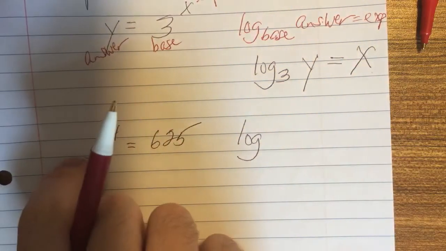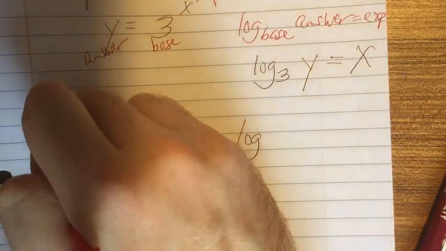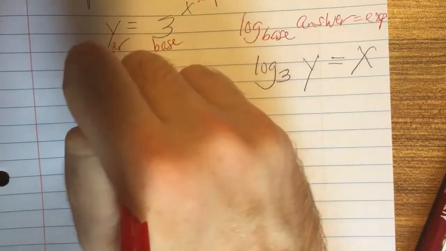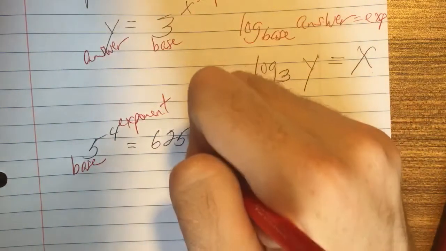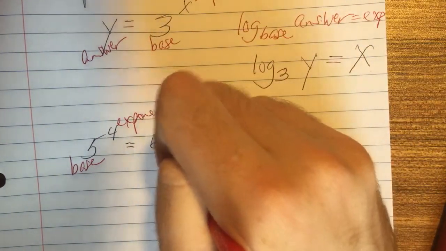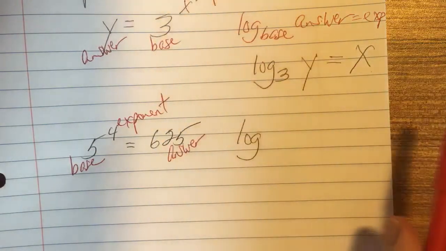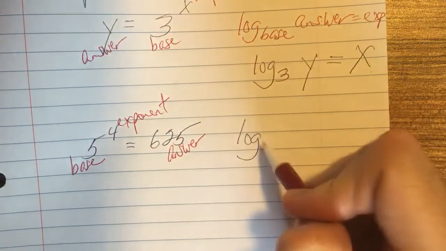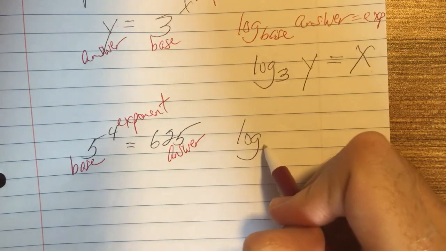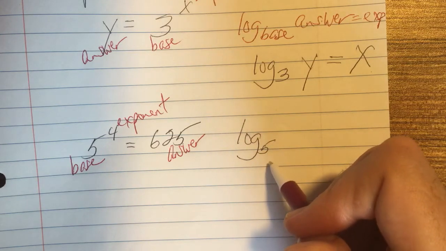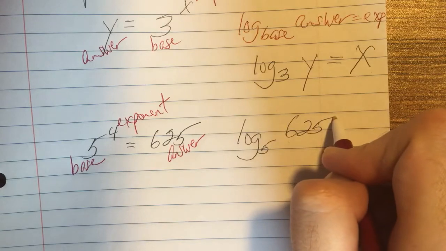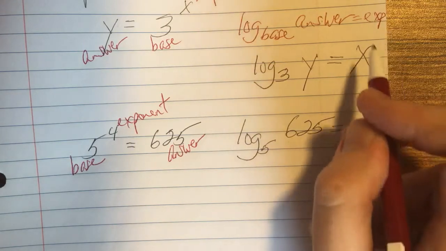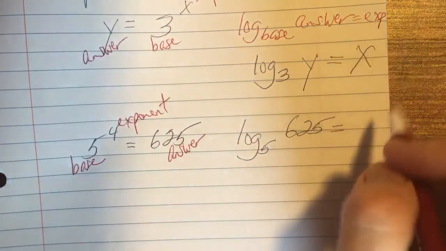Now the base would be the 5. The exponent would be 4. And the power, or the answer, would be the 625. So in log form, it would be log base, the base is 5, that goes as the subscript, of the answer, which is 625, is equal to the exponent, which in this case is a 4.